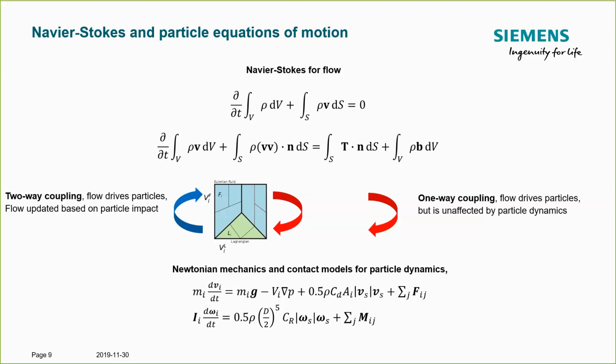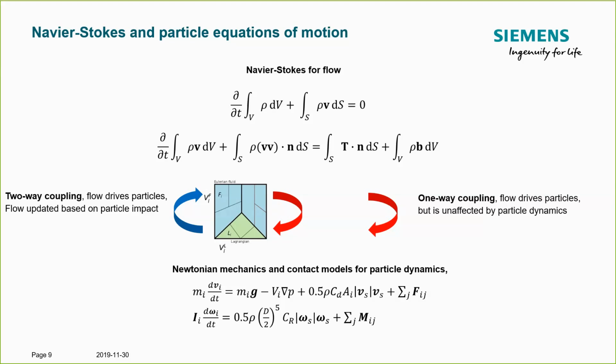Now, if we look at the particle dynamics in general, the model behind that is basically based on Newtonian mechanics, and what we'll focus on in the next slide will be basically the contact dynamics. You can see already here on the two equations on the bottom of the slide that it should appear very familiar to what we learned about Newtonian mechanics.